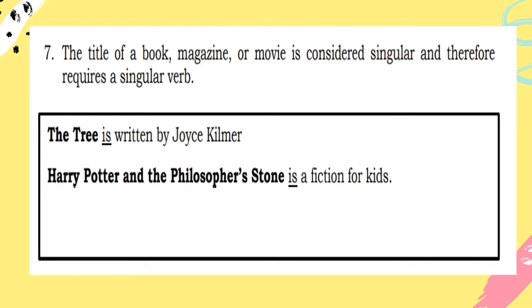Number 7. The title of a book, magazine, or movie is considered singular and therefore requires a singular verb. Let's see the following examples. The Tree is written by Joyce Kilmer. The title of the book is The Tree, so it requires a singular verb because The Tree, the title of the book, is considered singular.